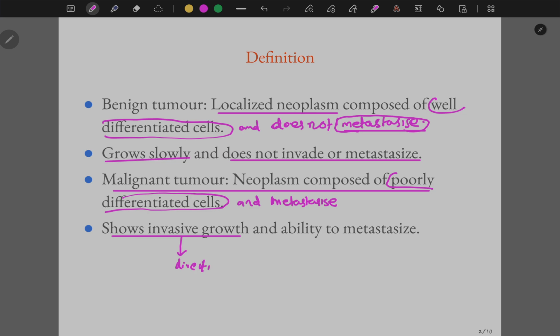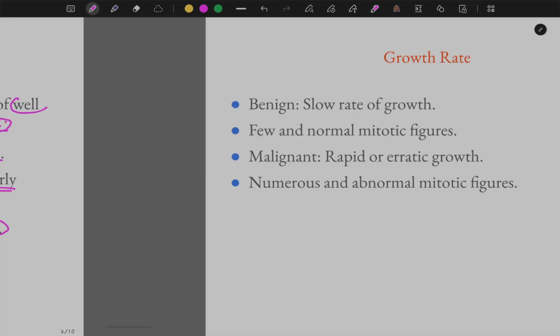Malignant tumors show invasive growth and have the ability to metastasize. Metastasis is the ability to form a secondary tumor at a location distant to the primary tumor. I have done a video on metastasis and invasion, if you want, you can go watch it.